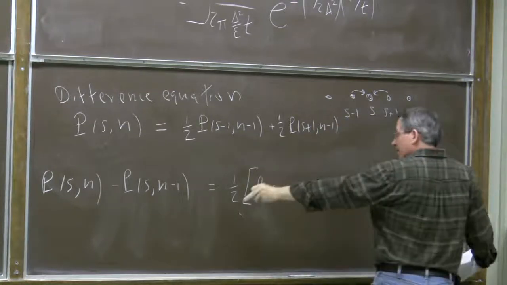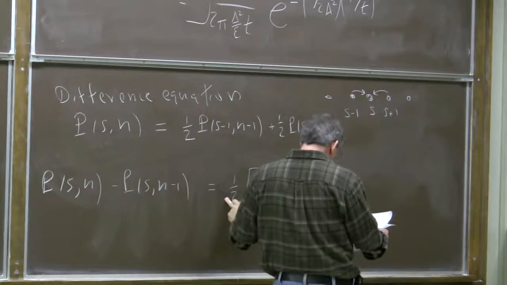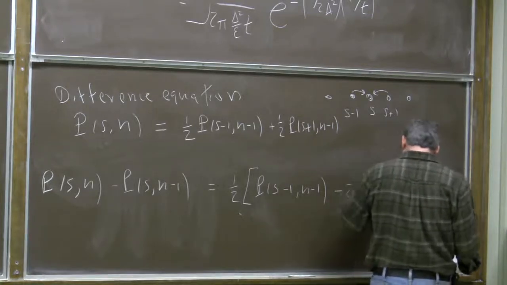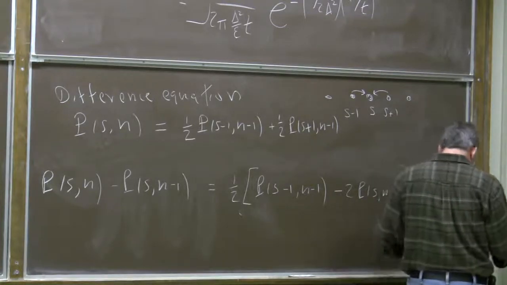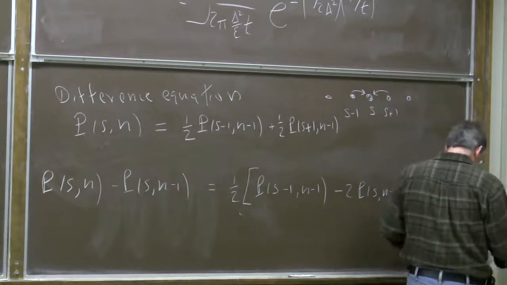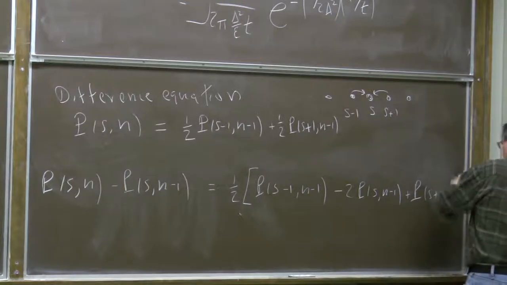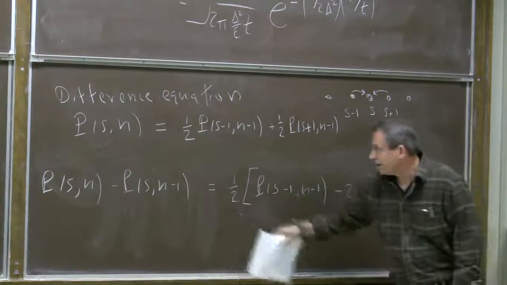But then I subtract this away and I'm factoring out a 1/2, so I'll put in a 2, minus 2 times the probability of being at s at time n minus 1, then plus the probability of being at s plus 1 at time n minus 1, multiplied by 1/2.